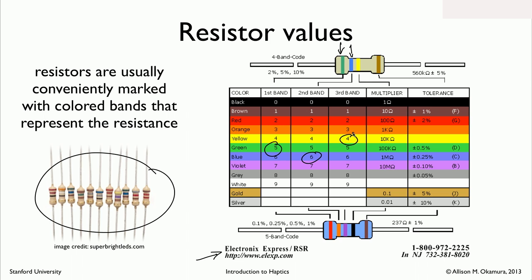And so that number is 4. And so if you actually want to now compute what the number is, you say, well, I'm going to have a 5 and then a 6, and because this is 4, that represents this 10 kiloohm multiplier. It's actually 10 to the 4th ohms. Then it says it's 56 times 10 to the 4th ohms.